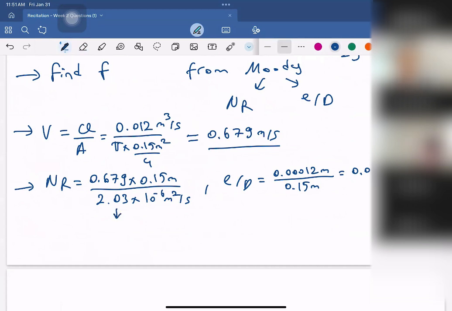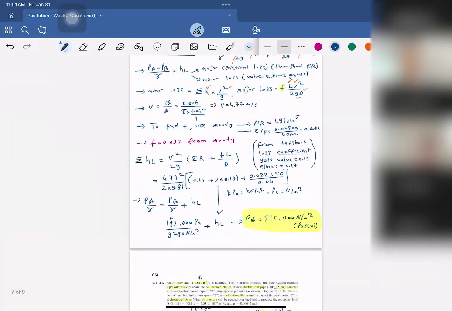And the Reynolds number is, now we are going up again for the Moody.